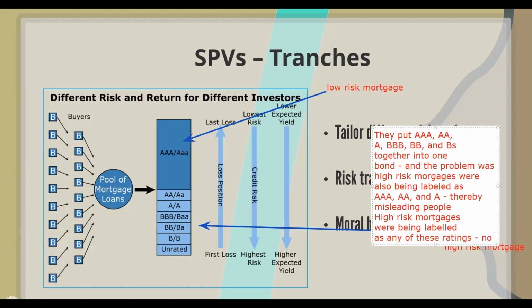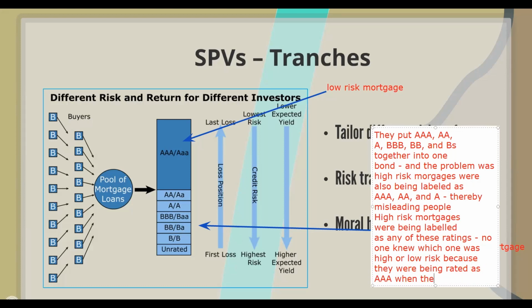So no one knew which one was high or low risk because they were being rated as AAA when they should have been triple B, let's say.